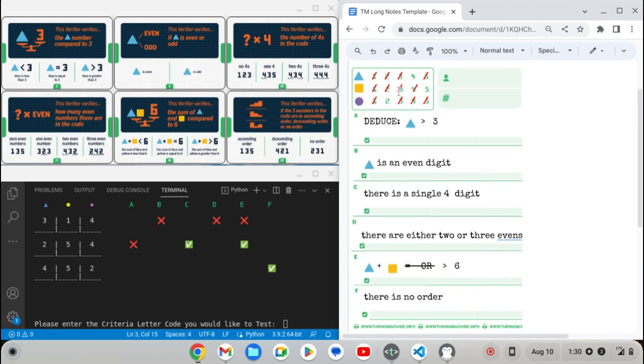Okay, so if all my deductions turned out true, it looks like a good solution, 452. So let's type it up.